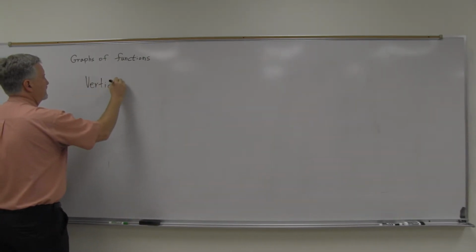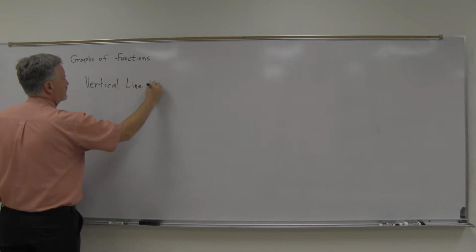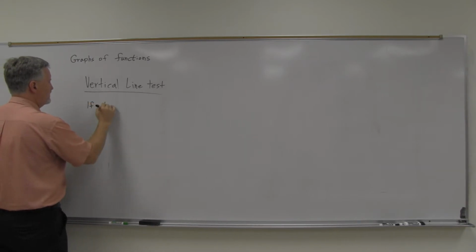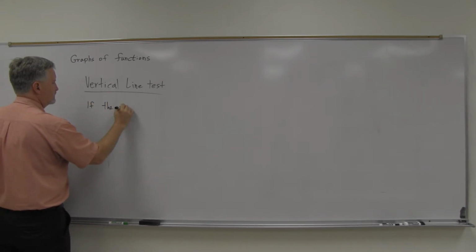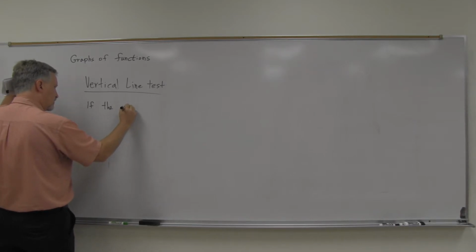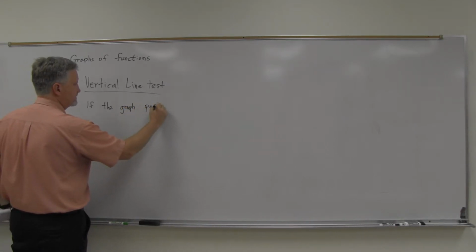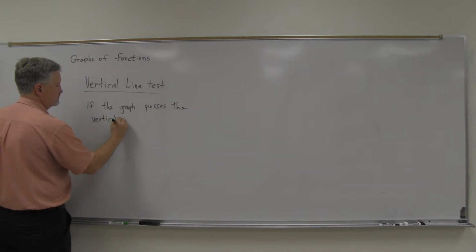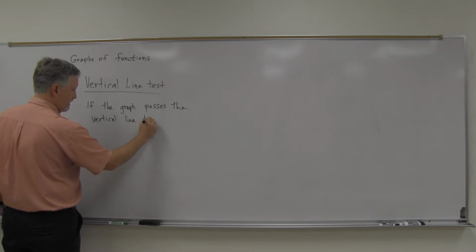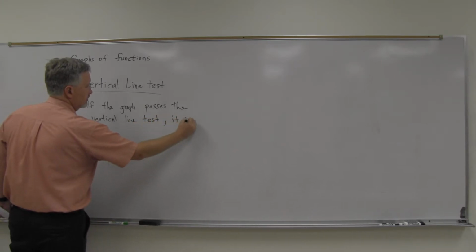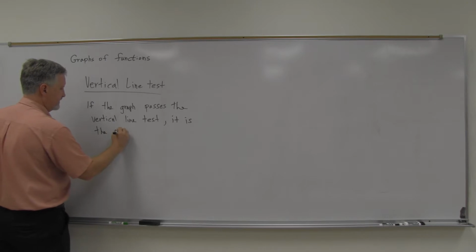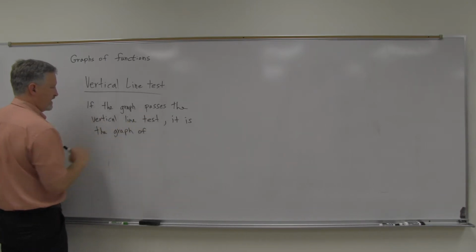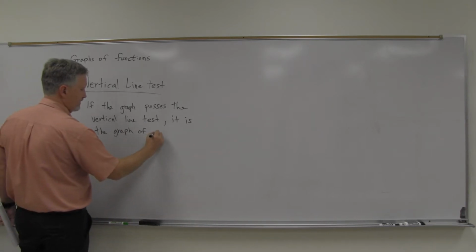Let me just write it up here. If the graph passes the vertical line test, it's the graph of a function. Now, what does it mean to pass it?